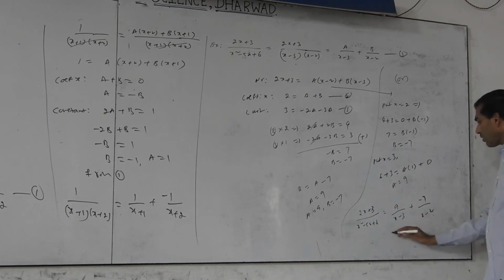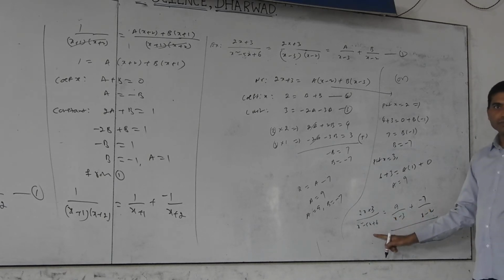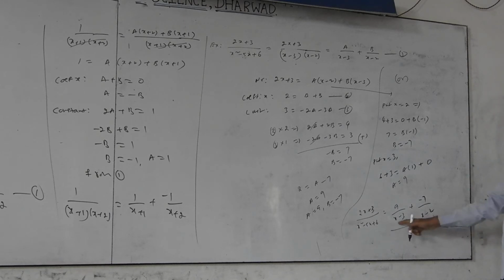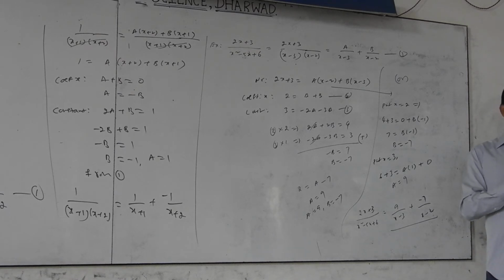So these are the partial fractions of this. Again, if we take the LCM, we get back the original. The fractions whose sum makes the expression, more than two fractions, are called partial fractions. That is how to do it using this concept.